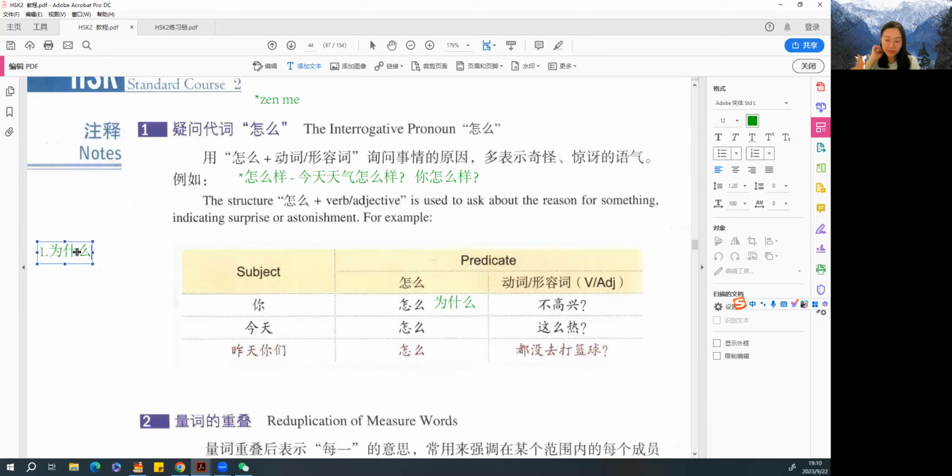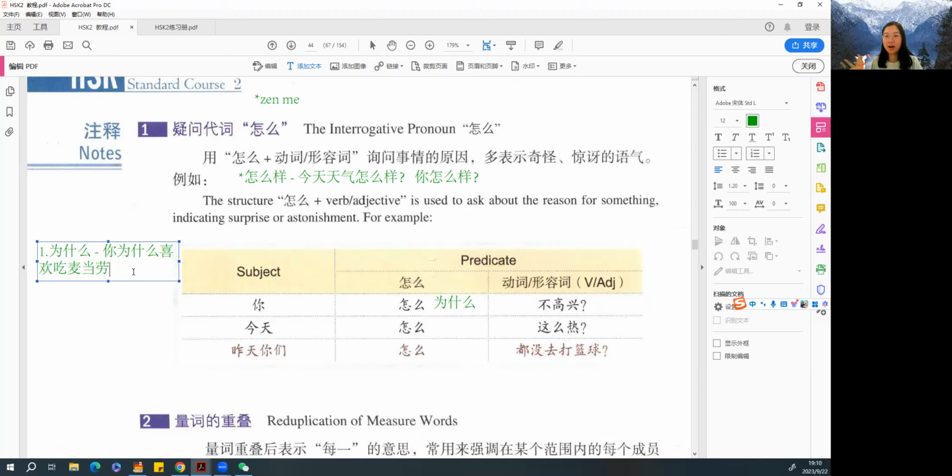So if we use 为什么, it's totally fine to say like 你为什么喜欢吃麦当劳? 麦当劳.